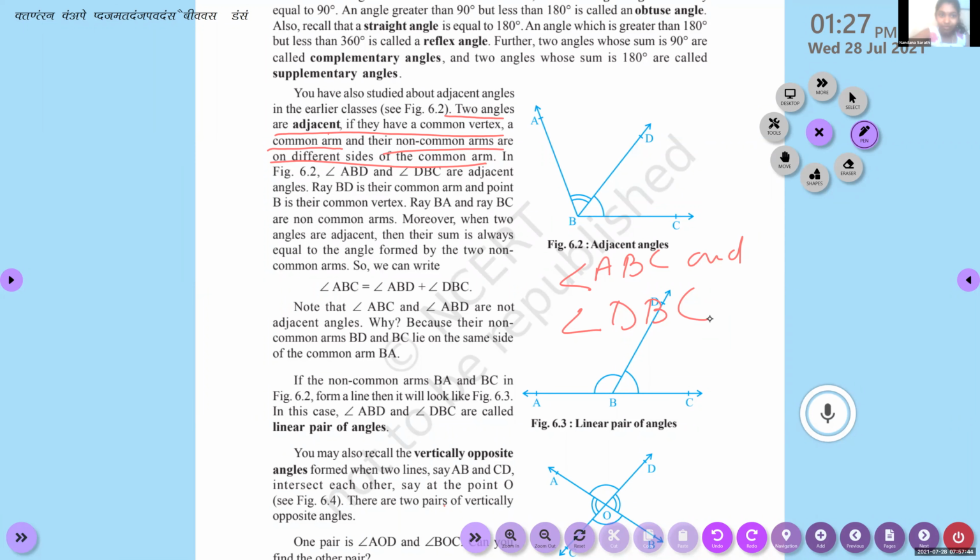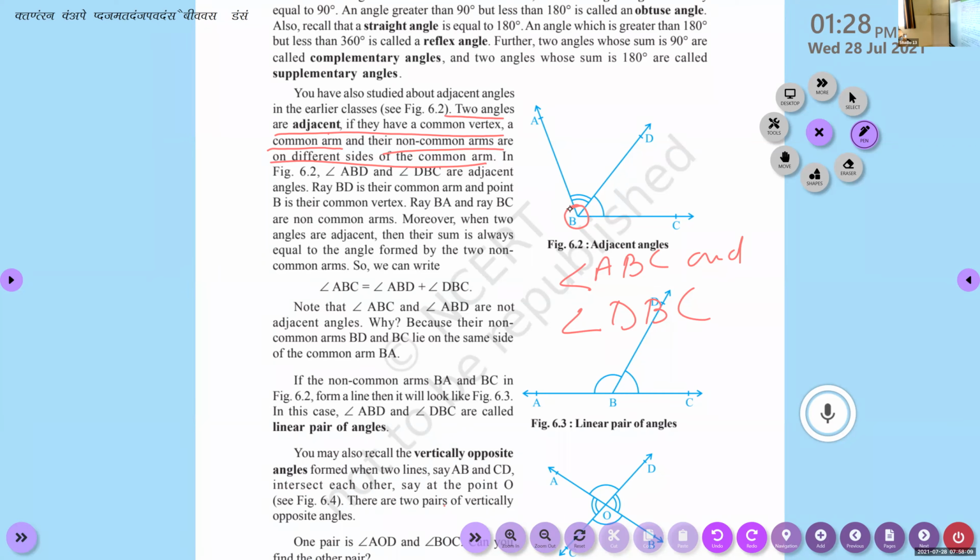No. They must have a common vertex. Is the common vertex there? Yes, ma'am, B is the common vertex.